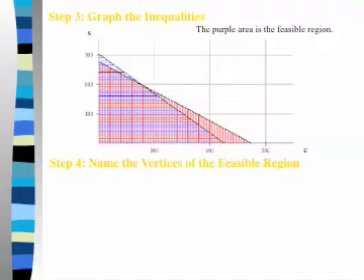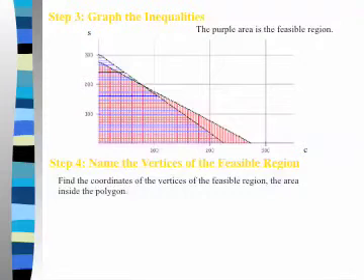So now we want to name the vertices, those intersection points or the corners of that polygon that's created. So we find the coordinates of the vertices of the feasible region.